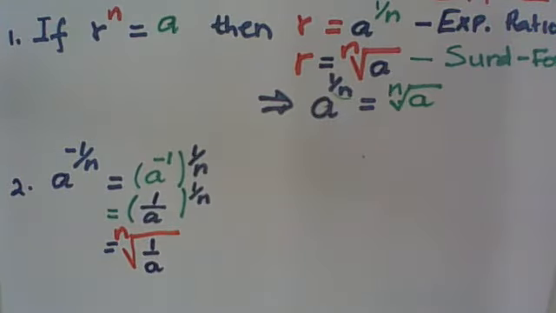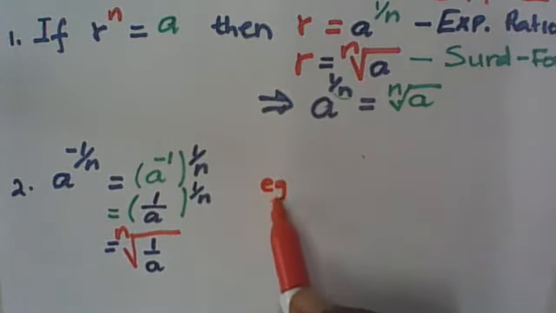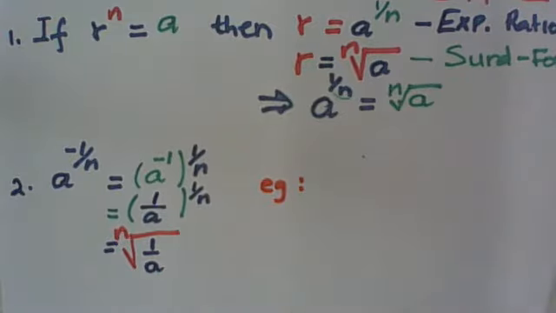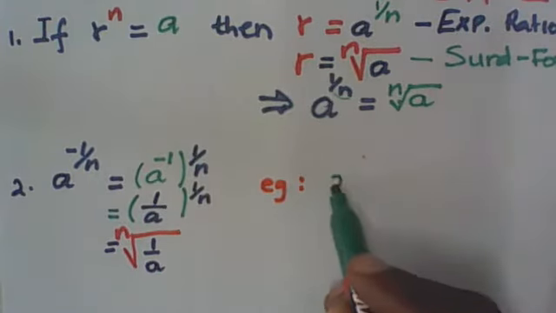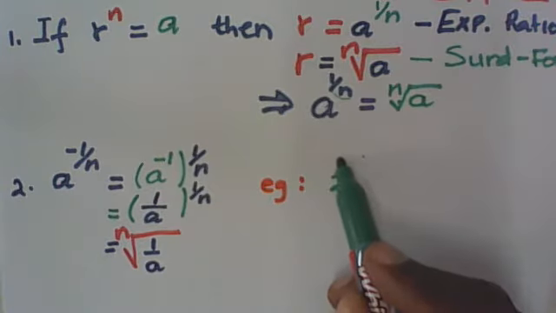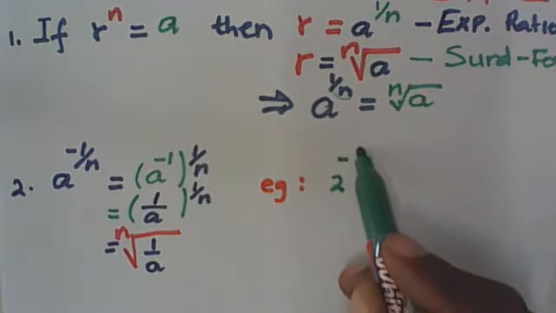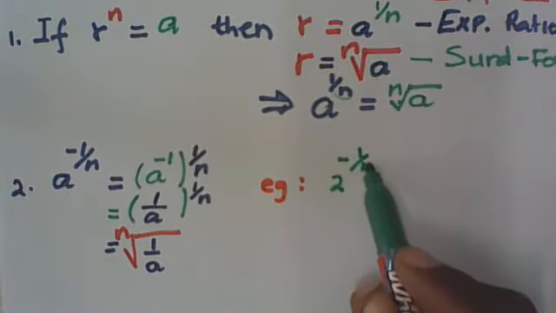So let us just have an example. Let's say we have 2 to the power negative 1 over 4.